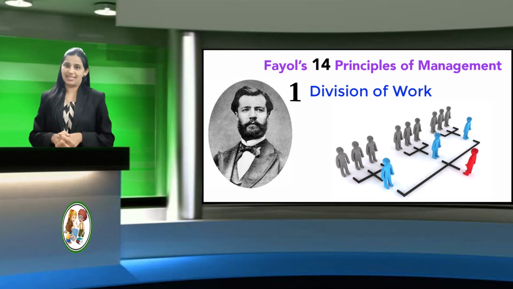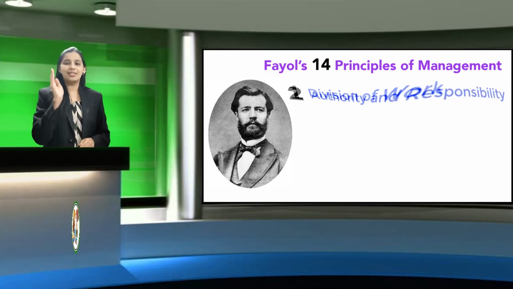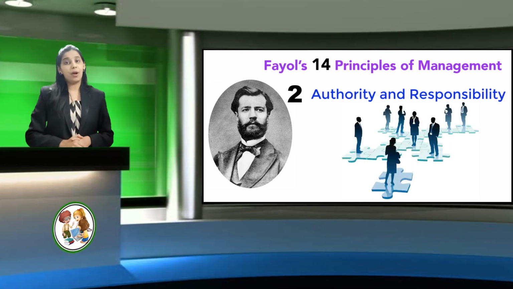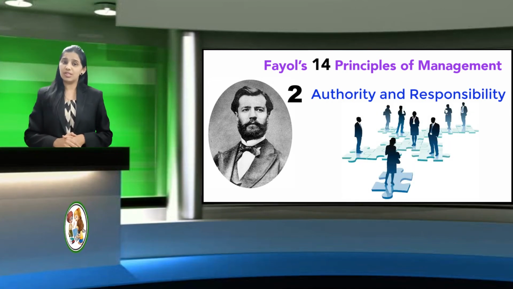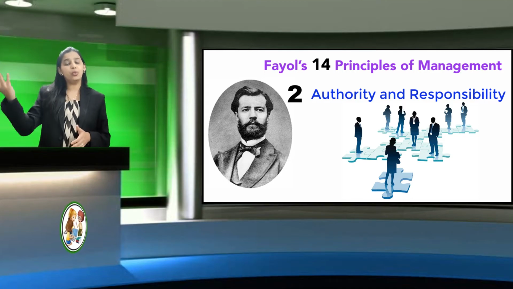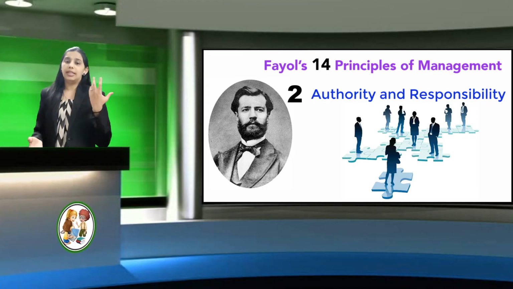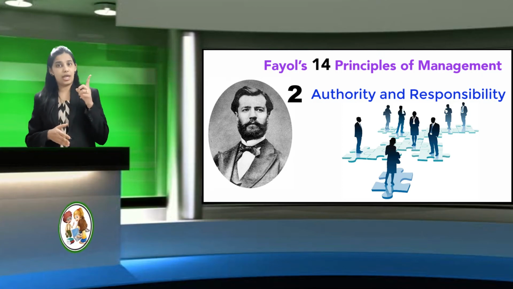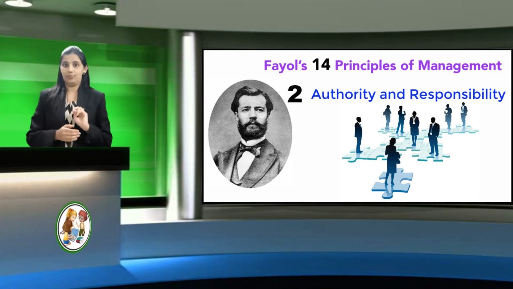The next one is authority and responsibility. Authority refers to the power to take decisions and responsibility refers to the obligation to complete the work. There must be balance or parity between the two, that is, the authority and the responsibility.